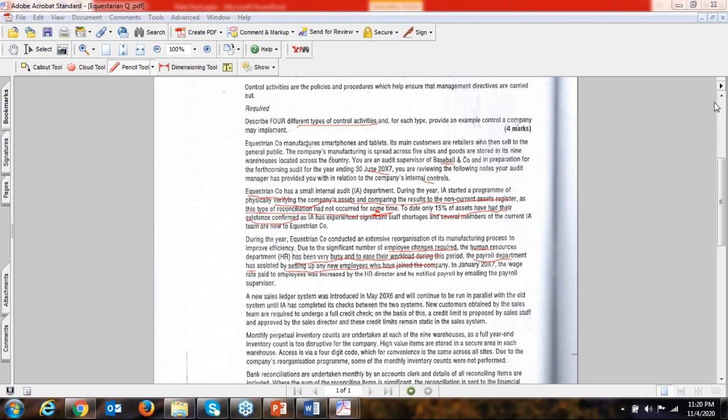So there is a risk that the payroll department can set up a fake employee, because if the same department that gives the salaries also has the authority to hire employees, it has higher chances to set up a fake employee and give them salaries for long intervals. So this is the deficiency, the reason for the deficiency and its impact.